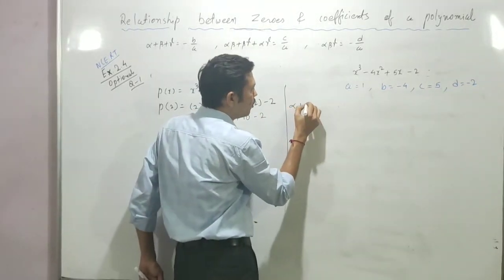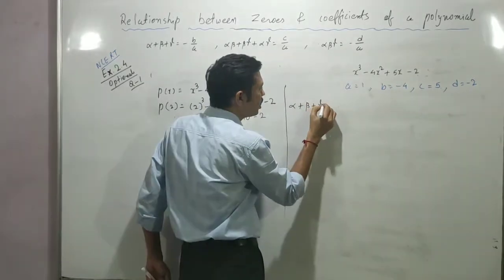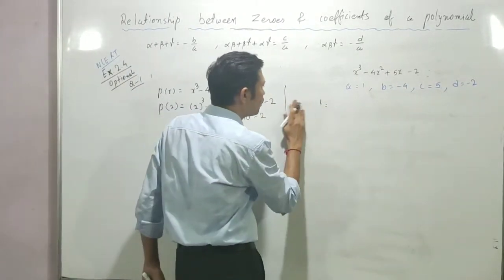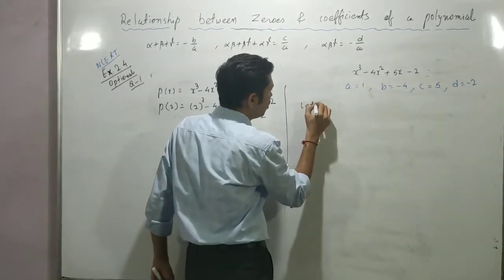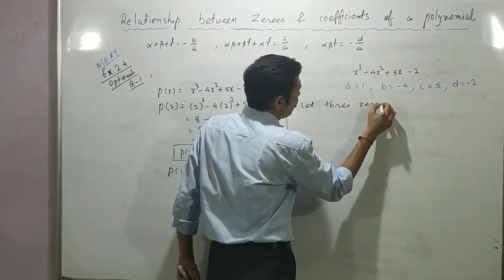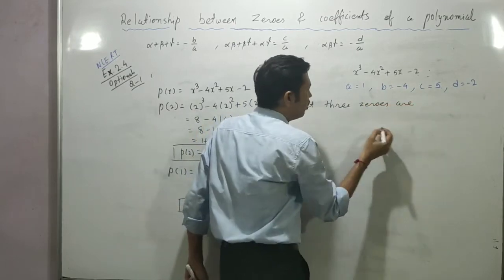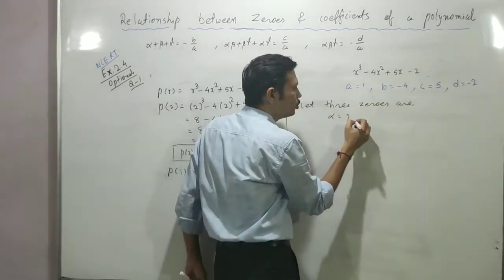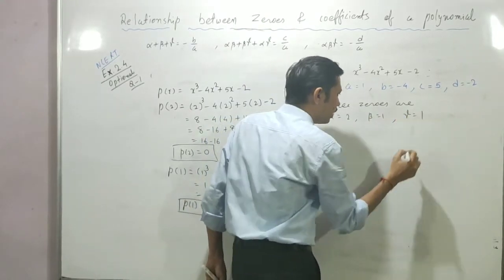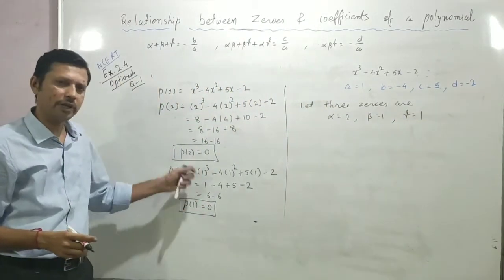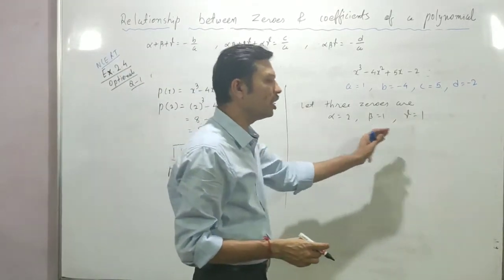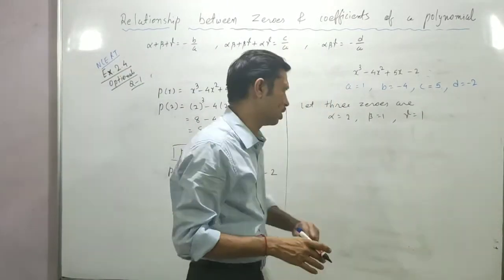Sum of the zeros, alpha plus beta plus gamma. First we will assume the 3 zeros are alpha equal to 2, beta equal to 1 and gamma equal to 1. The 3 zeros were already given, we verified that they are zeros, and we are labeling them alpha, beta and gamma.